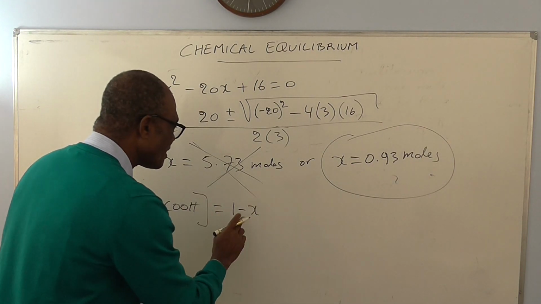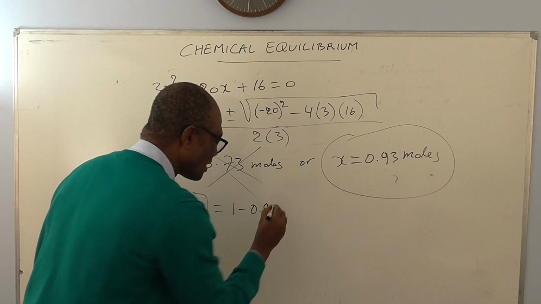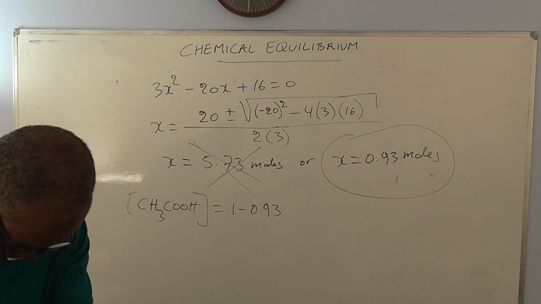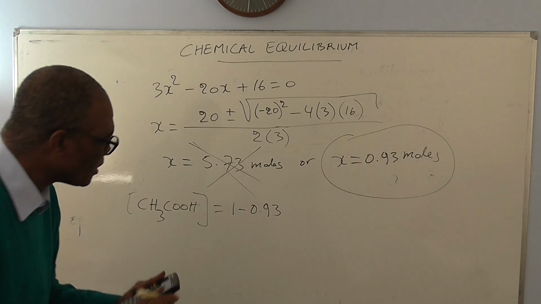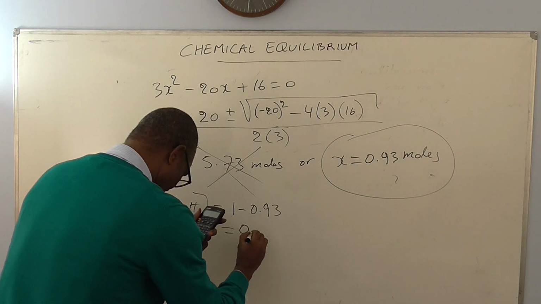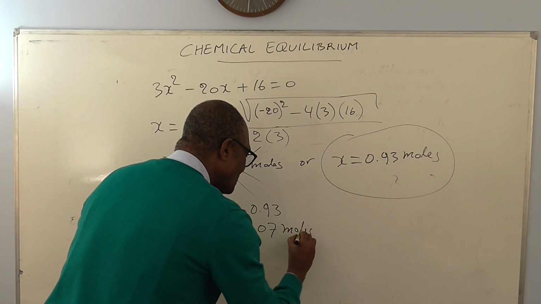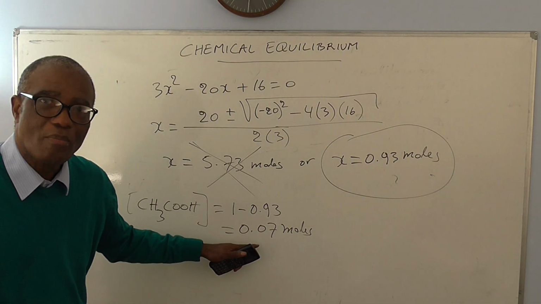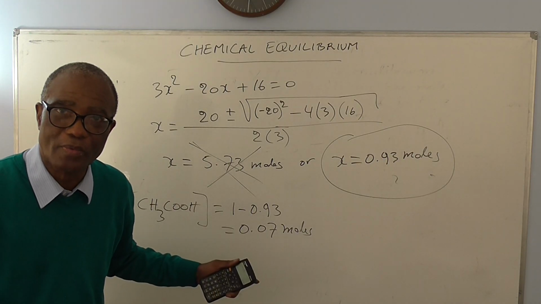We replace x by 0.93. So then what we get there, 1 minus 0.93 is 0.07 mole. This is the number of moles of ethanoic acid at the equilibrium.